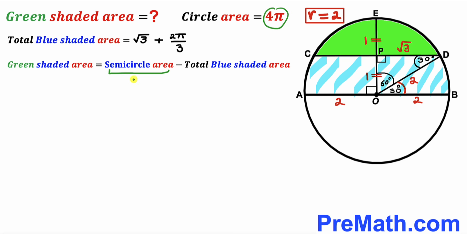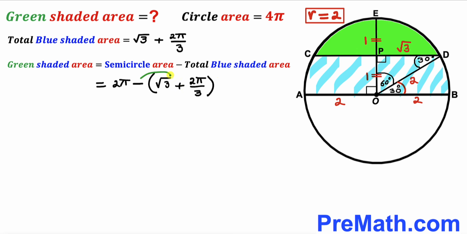So therefore it's going to be 2 times pi. And our total blue shaded region area we already figured out over here. So let's go ahead and fill in the blanks in this equation. So green shaded region area is going to be our semicircle area, 2 times pi, minus this square root of 3 plus 2 pi divided by 3.